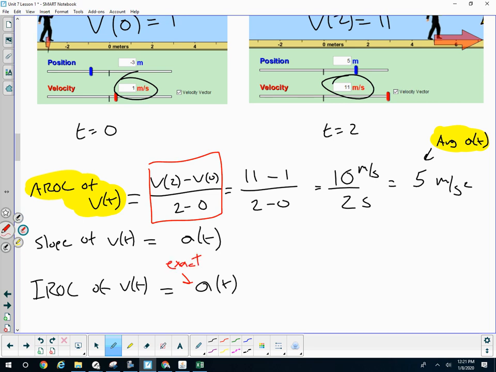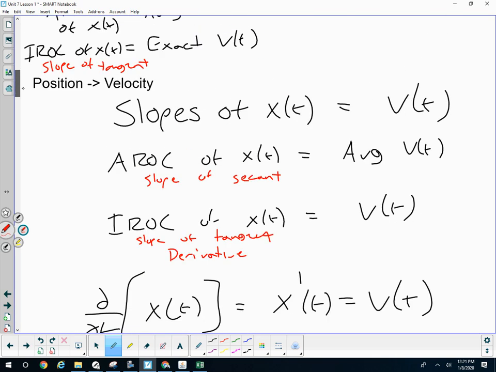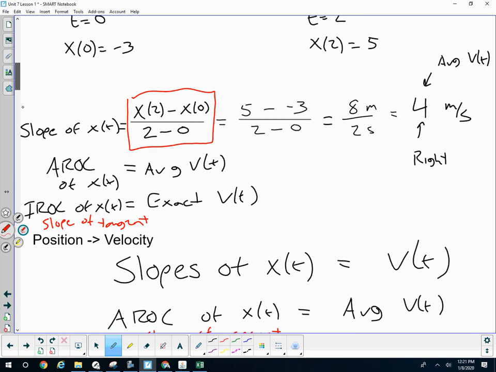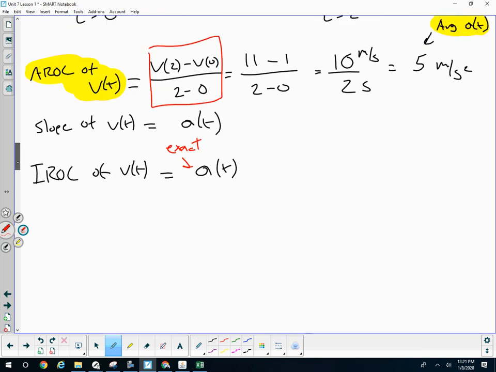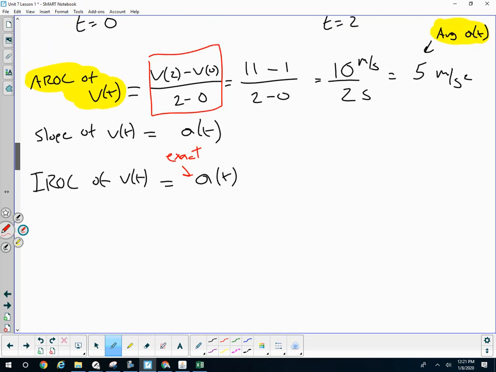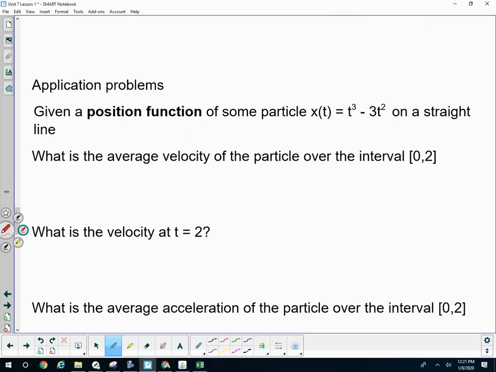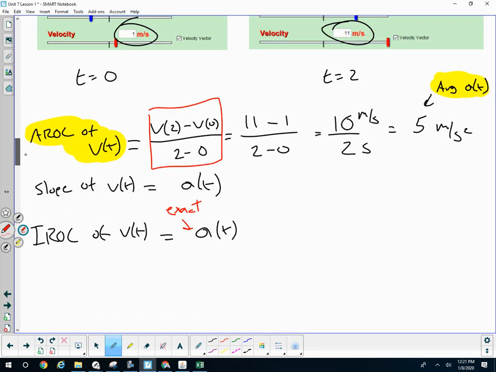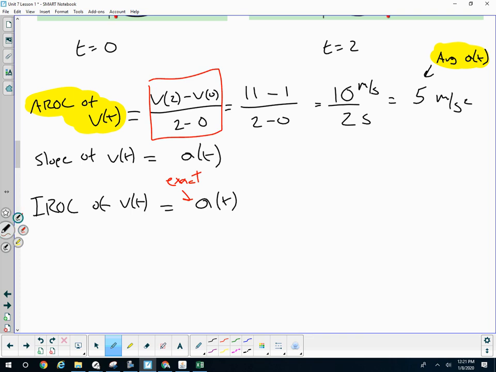You don't have to write exact, it's assumed you're talking about exact if I just put A. So if you pop up here to what we were doing with velocity and position, oh, I wrote exact. Okay, never mind. That means instantaneous rate of change, that's a slope of a tangent. Slope of a tangent, a derivative. Derivative of V gives us A.